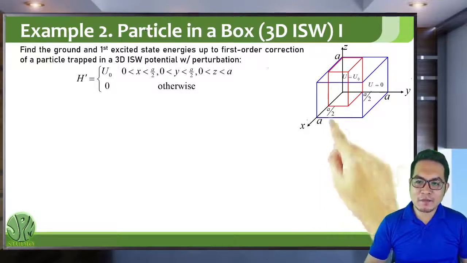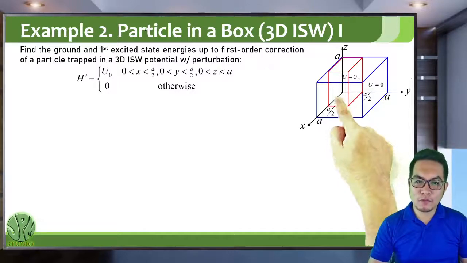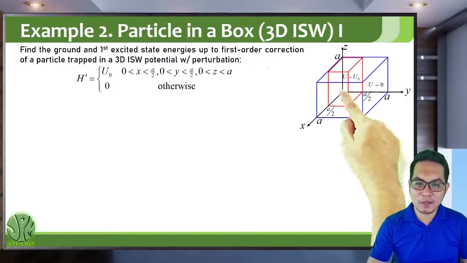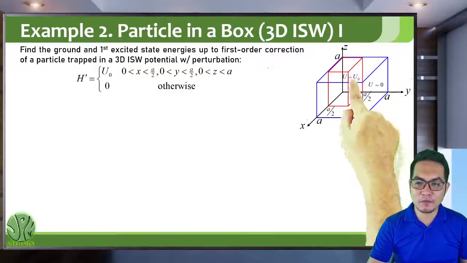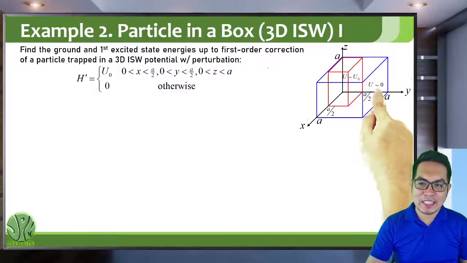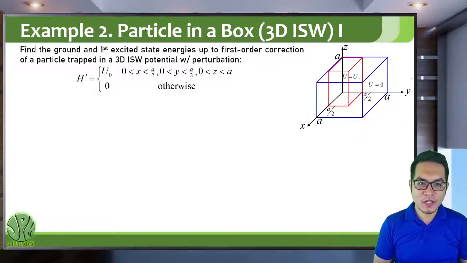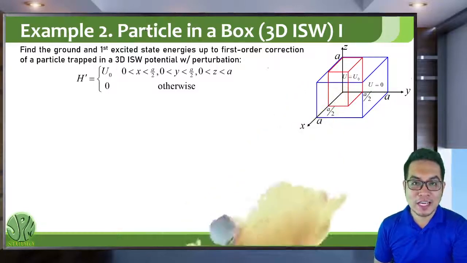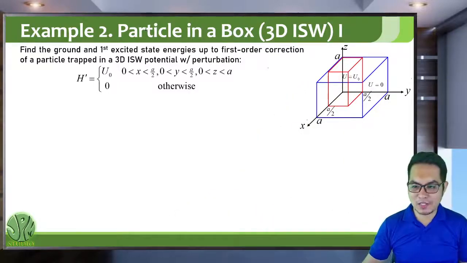But in this case, one-fourth of the box has a potential of unit. The rest, the 3/4 part of the box, has potential 0. So the perturbation is only for the 1/4 region of the box.